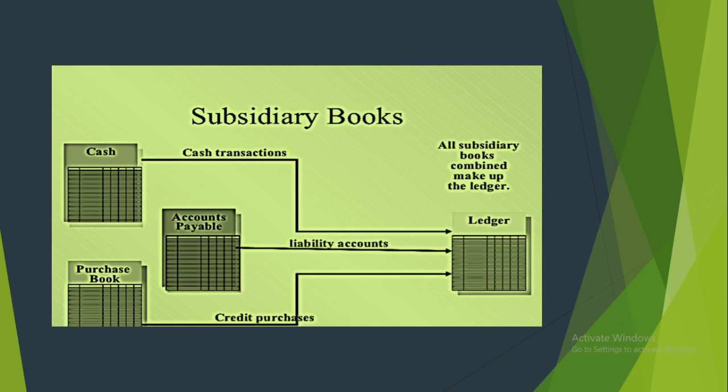Purchase book. So always mention credit purchases in the purchase book. And accounts payable. It is a liability and it is always related to the creditors part. So in a nutshell, all subsidiary books combine and make up the ledger. On the basis of subsidiary books, we can easily make a ledger.